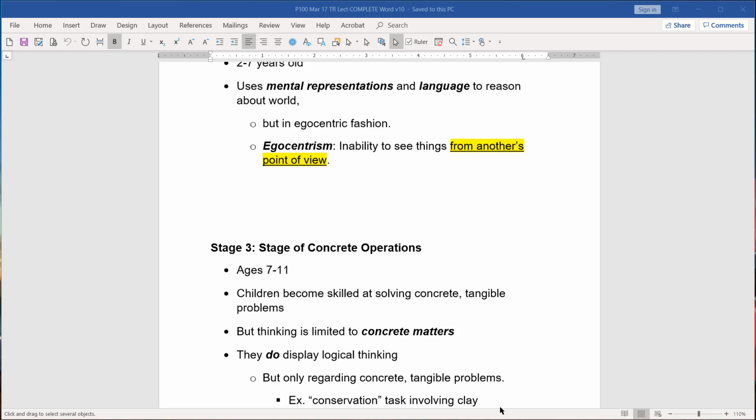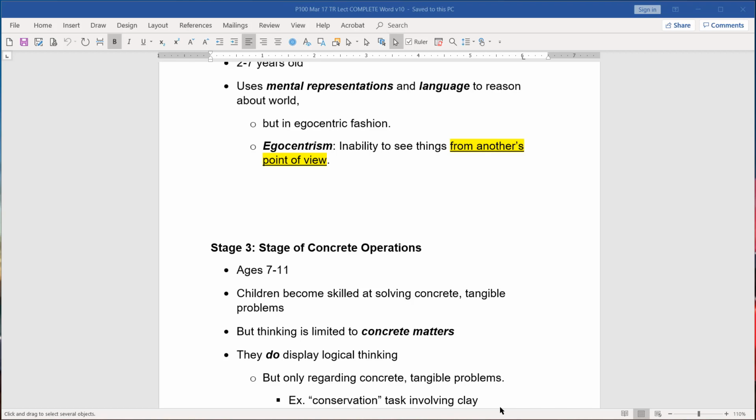For example, let's imagine we have a 7-year-old child. This is a child that's early in the stage of concrete operations. Imagine that I hold a ball of clay in front of the child. The ball of clay has been rolled so that it's a sphere. I hold the clay in front of the child and I say, notice how much clay I have in front of me. Notice the amount of clay.